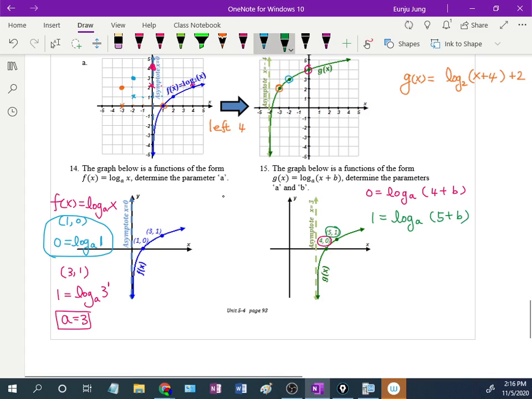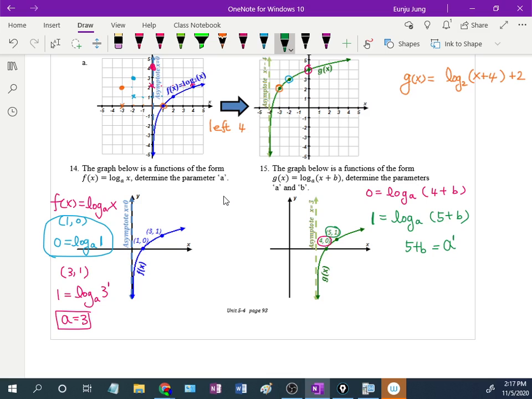So from the first equation, what information do I get? How do I get 0 for that? Don't know? Then let's pass, and let's do the second one. How do I get 1 from the second equation? 5 plus b must be equal to a to the first power, and then we get 1 as an exponent, right?